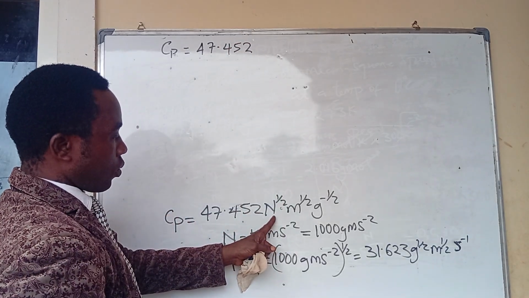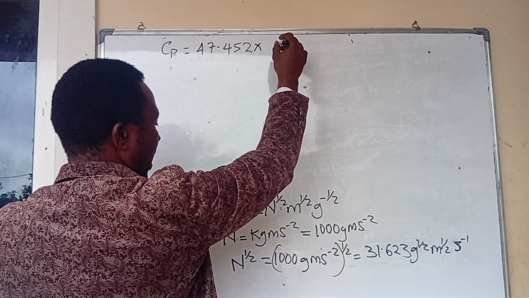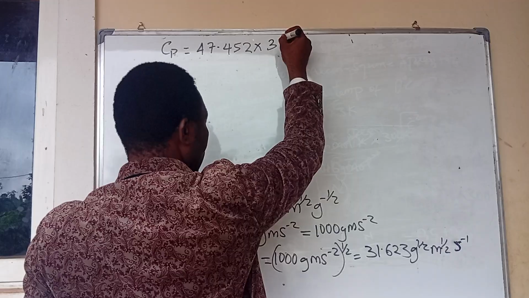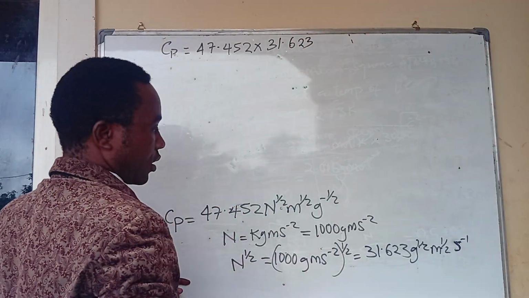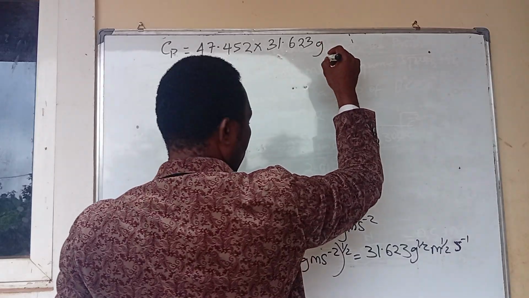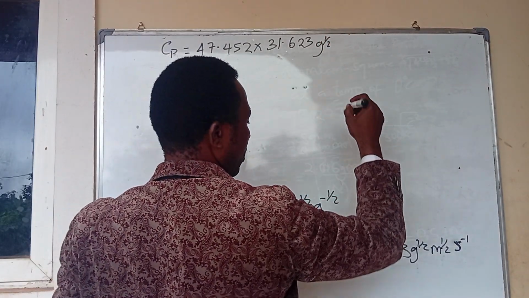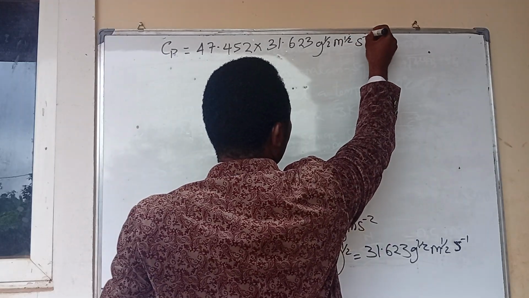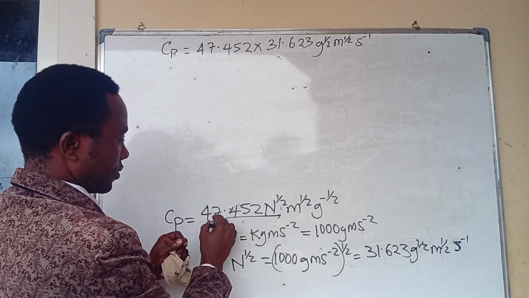Instead of N^1/2, we put this, so we multiply by 31.623 g^1/2 m^1/2 s^-1.